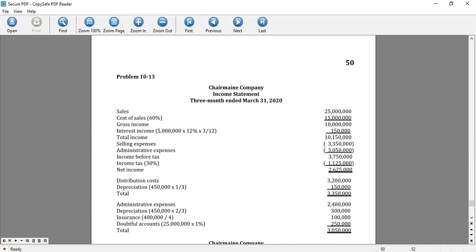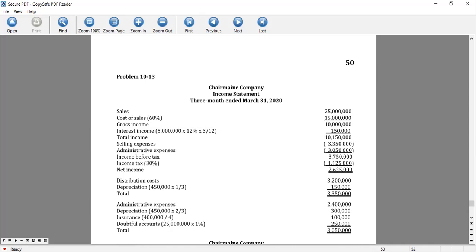The interest income for one quarter is 150,000, and we add it to the gross income of 10 million.